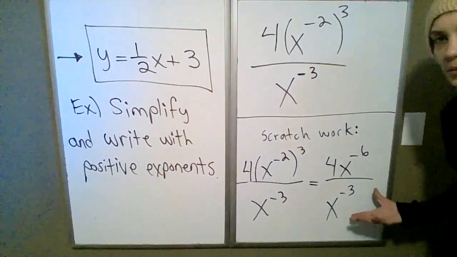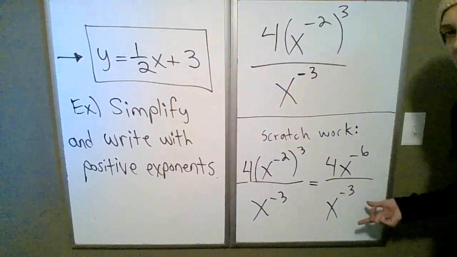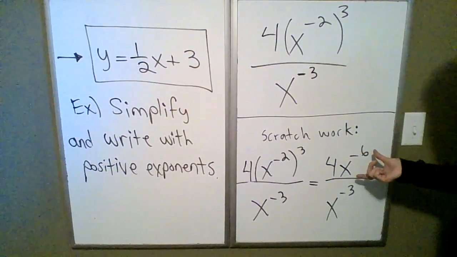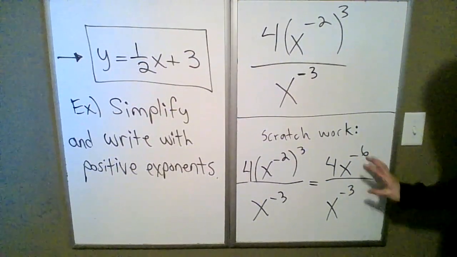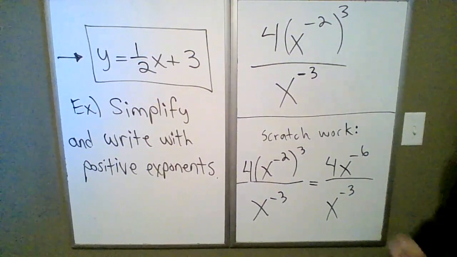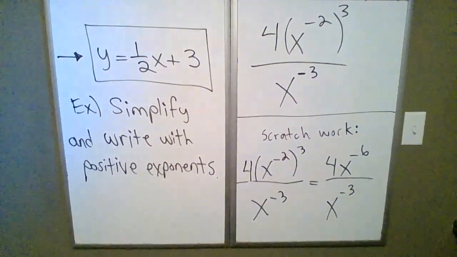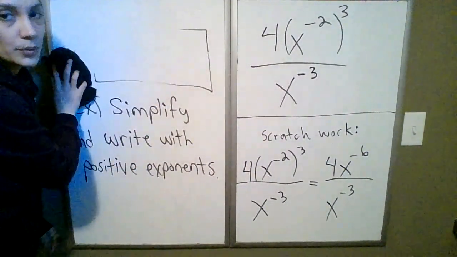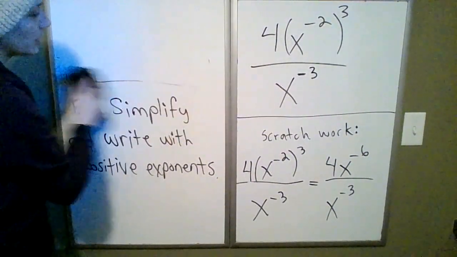So there's different steps we could take. I think I would like to bring this x to the -6 down to the denominator, so it's x to the power of +6. But that +4 would stay in the numerator.